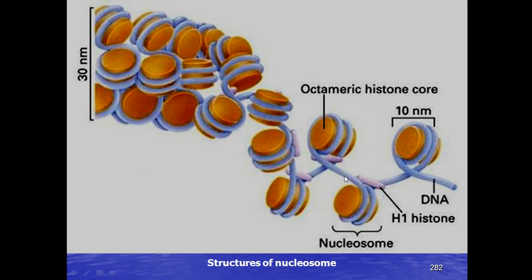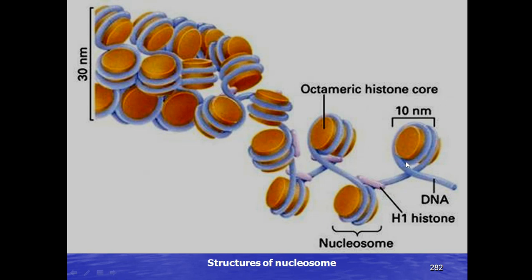This thread-like thing is nothing but the DNA fragment. This DNA is of 200 base pairs. They wind in an anti-clockwise direction. From here, they have taken a round like this.